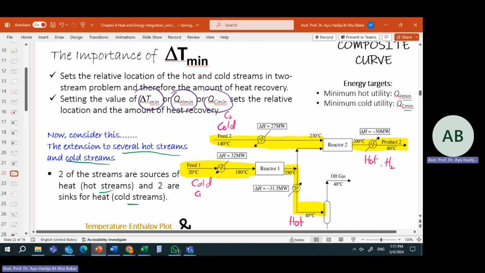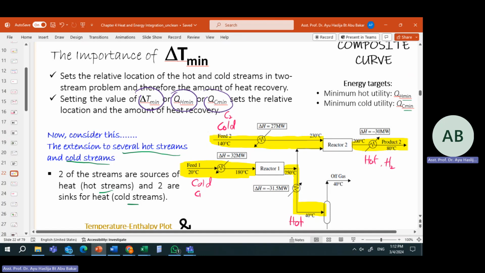Either you set your delta T min or you set the heat that you want to supply, QH min or QC min, the minimum that you can. Because from the delta T min, later on you will design your heat exchanger.